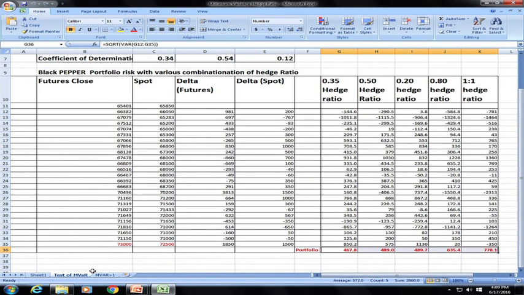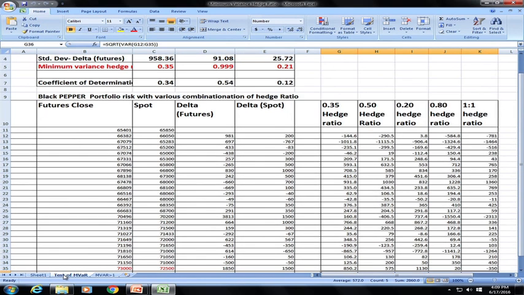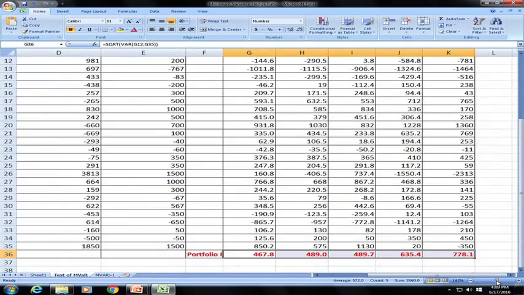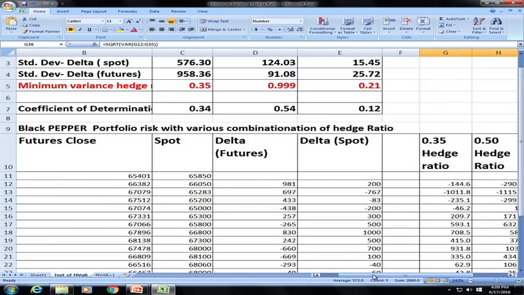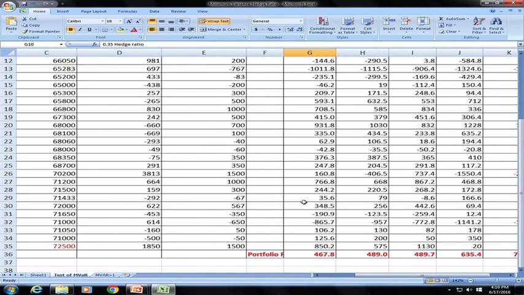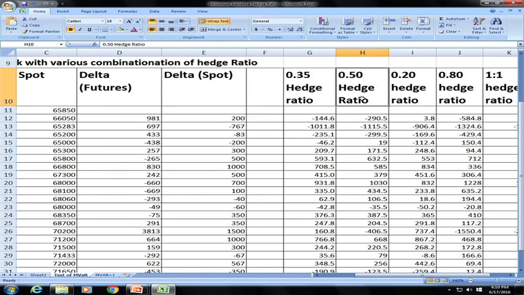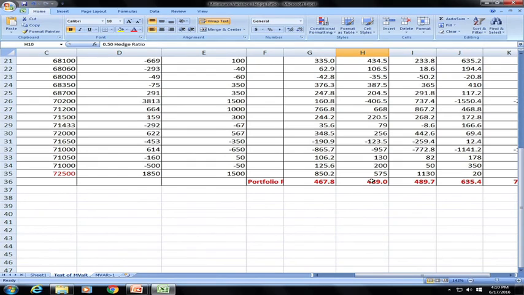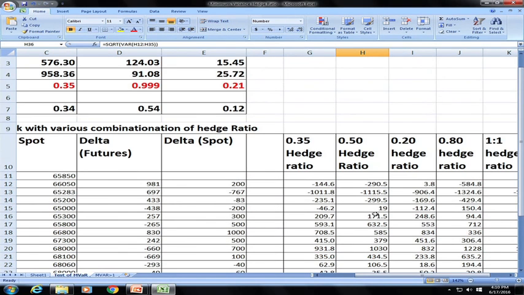This is the second worksheet of the Excel file. This table shows the spot price and the futures price. When you have a delta of 0.35, please focus on column G. When the hedge ratio is 0.35, the portfolio risk is 467.8. Similarly, when the hedge ratio is 0.5, as given in column H, the portfolio risk is 489.